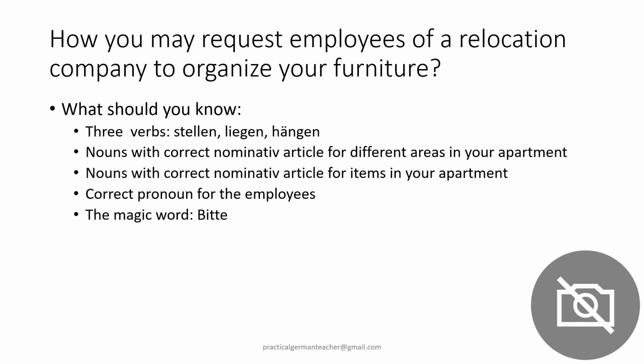For example, Kinderzimmer, Wohnzimmer, Küche, Flur, and other rooms in your apartment. Arbeitszimmer, for example. Third, you should know the German words for different items in your apartment, the stuff that you own. Fourth is you should know the correct pronouns to use while you are interacting with the employees. Fifth, the magical word bitte, which means please. I hope you know that.